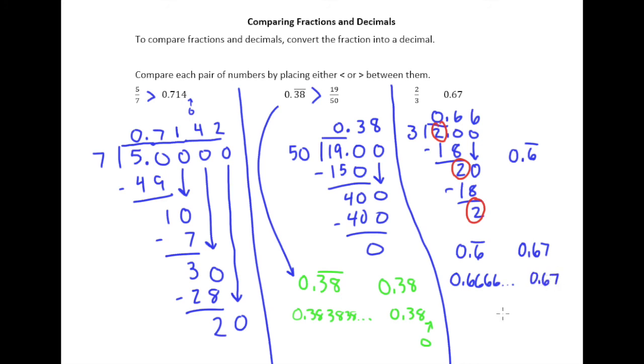You just look at their corresponding place values until there's a difference, and at that first difference, the one with the bigger digit is the bigger number. So they're the same in the ones place, they're the same in the tenths place, but they differ in the hundredths place. This one has a 6, this one has a 7. So the 0.67 is actually larger than 2/3.